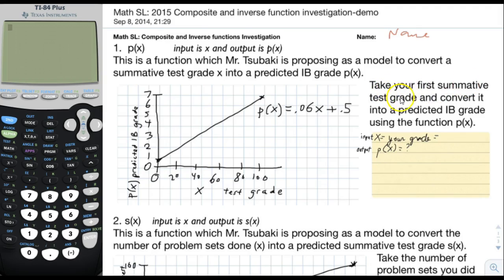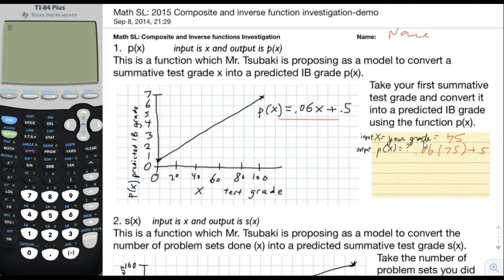First, take your first summative test grade and convert it into a predicted IB grade using the function P of x. So first you're going to put your summative test grade in. I know this is a big dark secret, but let's say I got a 75. I'm going to substitute the 75 in for x, and figure out what my IB grade is.